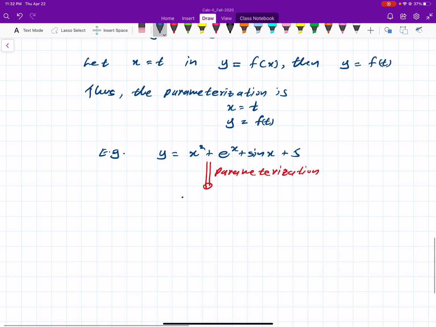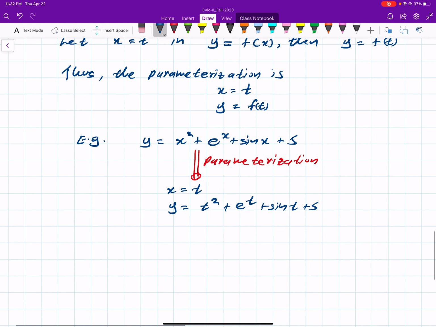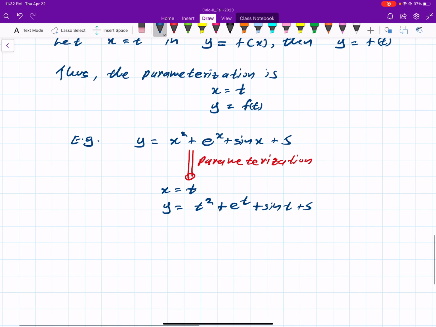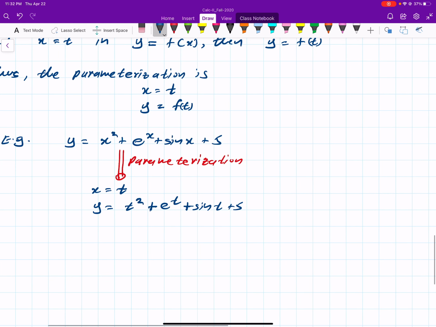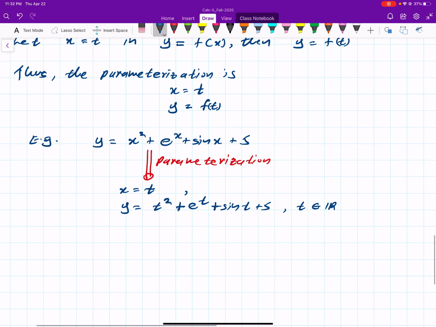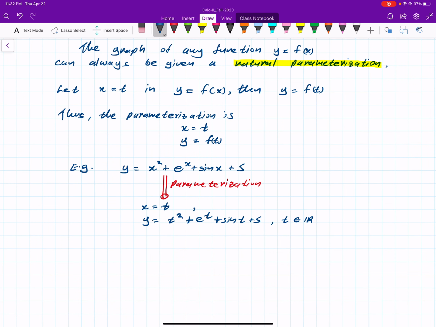You just take x as t. If x is t, y should be t square plus e to the power t plus sine t plus 5. That's it, it's very easy. So this is the parameterization. If you need, you can write the range of t, that is the set of all real numbers.